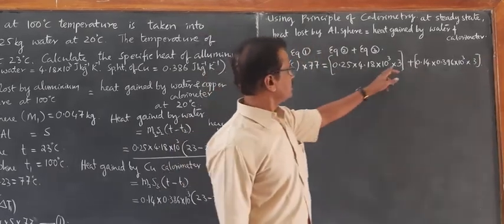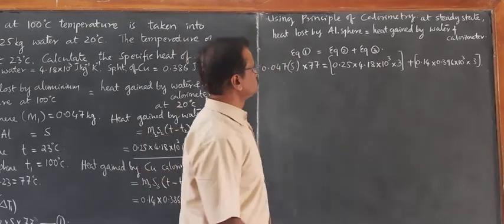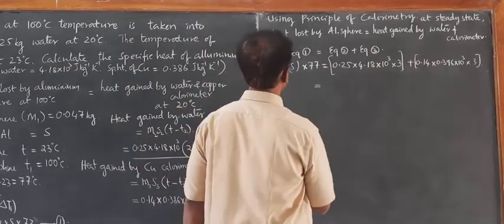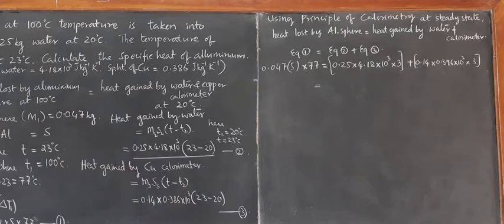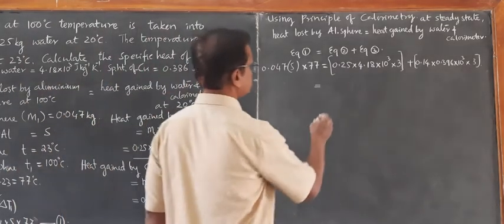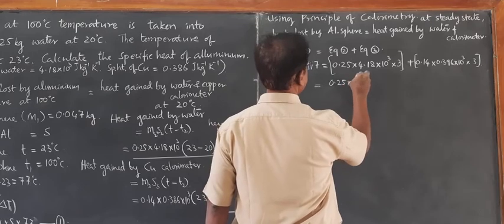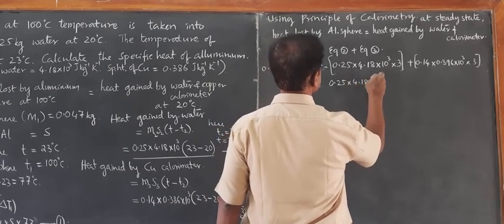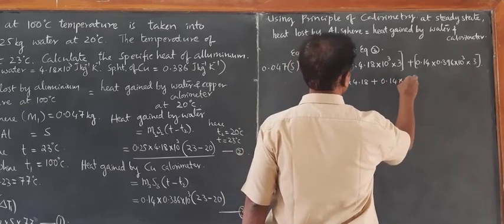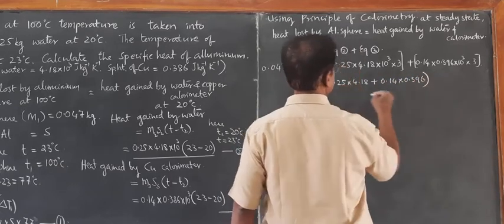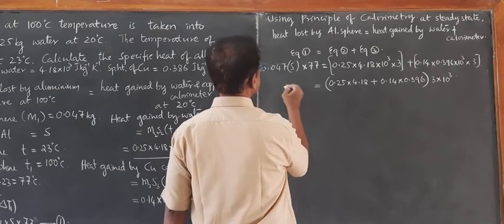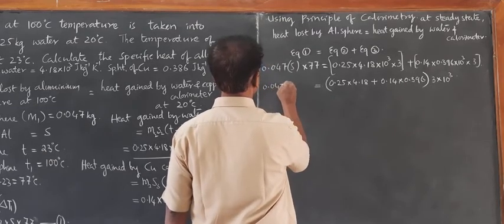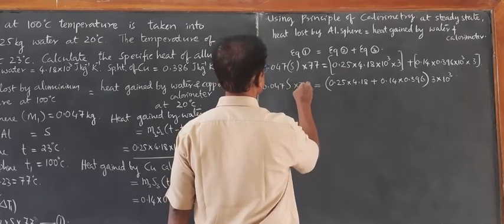So 10 raised to 3 into 3 is common. If you take out 0.25 into 4.18 plus 0.14 into 0.396, into 3 into 10 raised to 3 as common, it helps with simplification. The left side is 0.047 into S into 77.